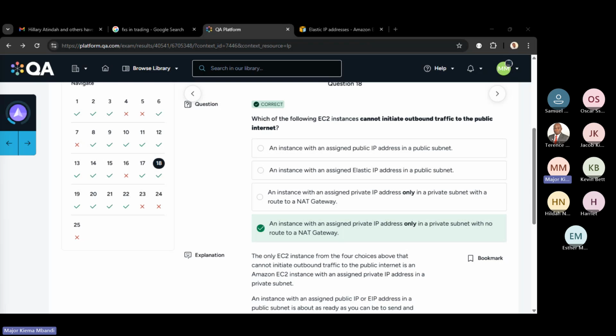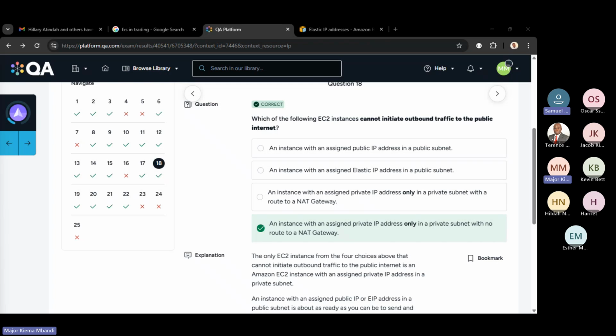So what's the difference between internet communication of private resources and those in the public subnet? The resources in the private subnet are private, so the only way you can access the internet is via a NAT gateway.